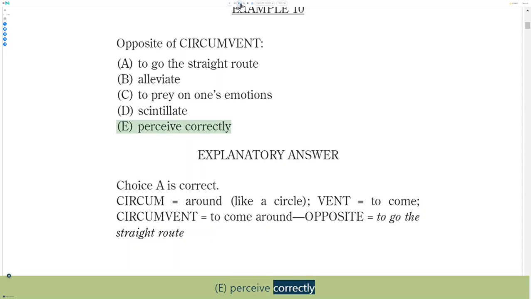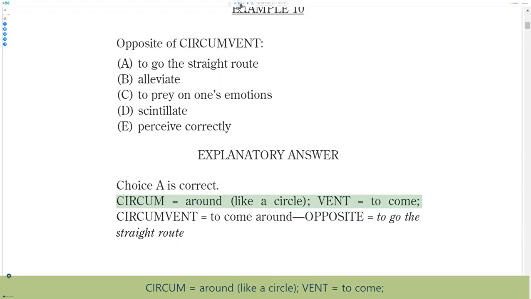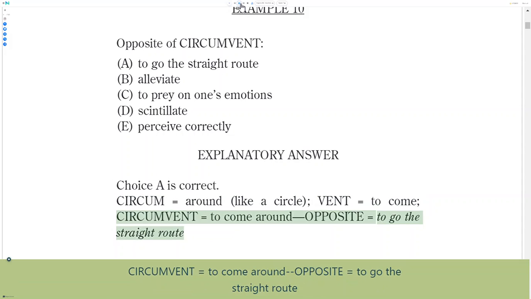E. Perceive correctly. Explanatory answer. Choice A is correct. Circum equals around, like a circle, vent equals to come. Circumvent equals to come around. Opposite equals to go the straight route.